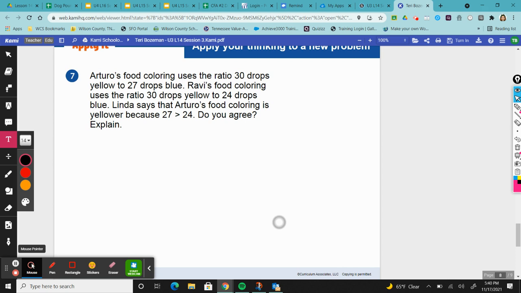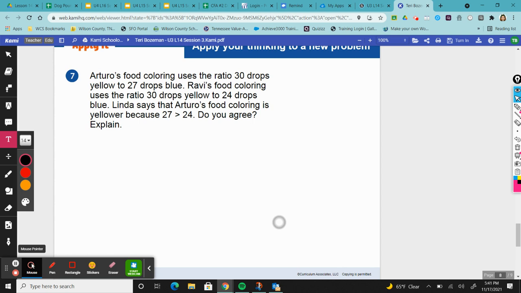Now, I will tell you this before you answer this on your own. Almost every student could tell me yes or no, but getting the full explanation was not something that everyone accomplished. Remember, when you are comparing ratios, something has to be the same.